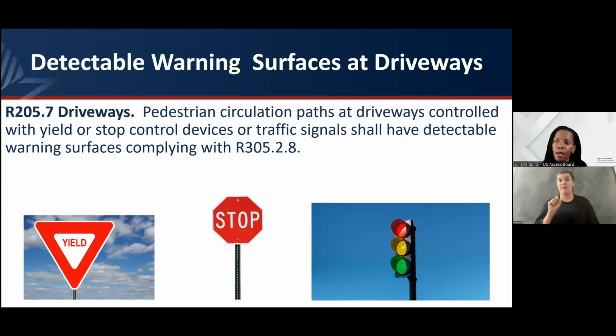It is now required, so it's now a standalone provision at R205.7 driveways. Pedestrian circulation paths at driveways controlled with yield or stop control devices or traffic signals shall have detectable warning surfaces complying with R305.2.8. So that is no longer advisory, it is a requirement.